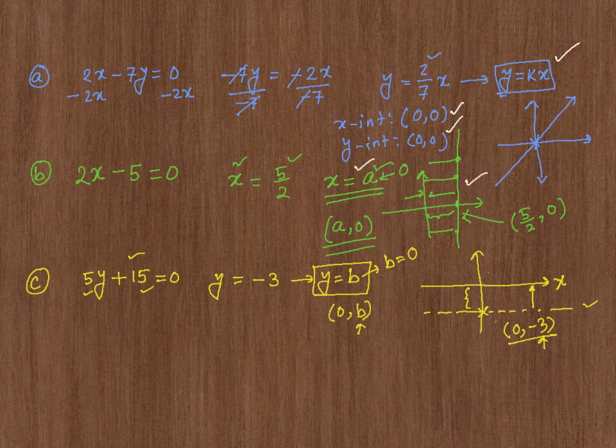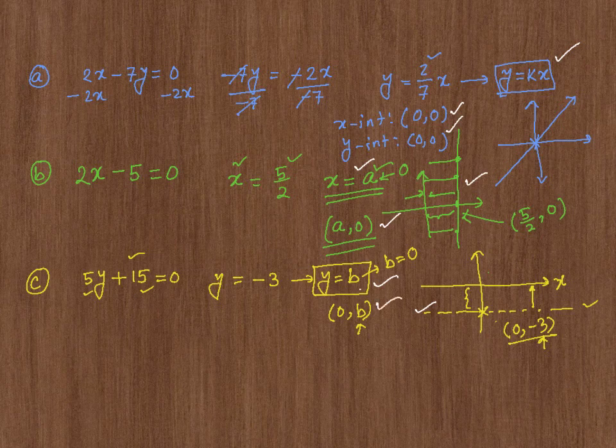It has the structure x is equal to a, and the x-intercept is at a, comma 0. The third kind we talked about is a horizontal line, which has the structure y is equal to b, an equation that we could express in this format.